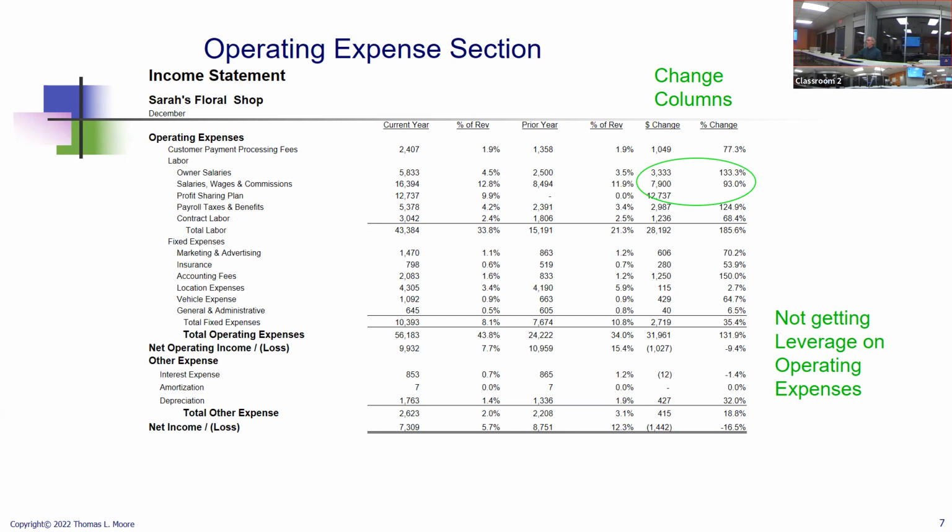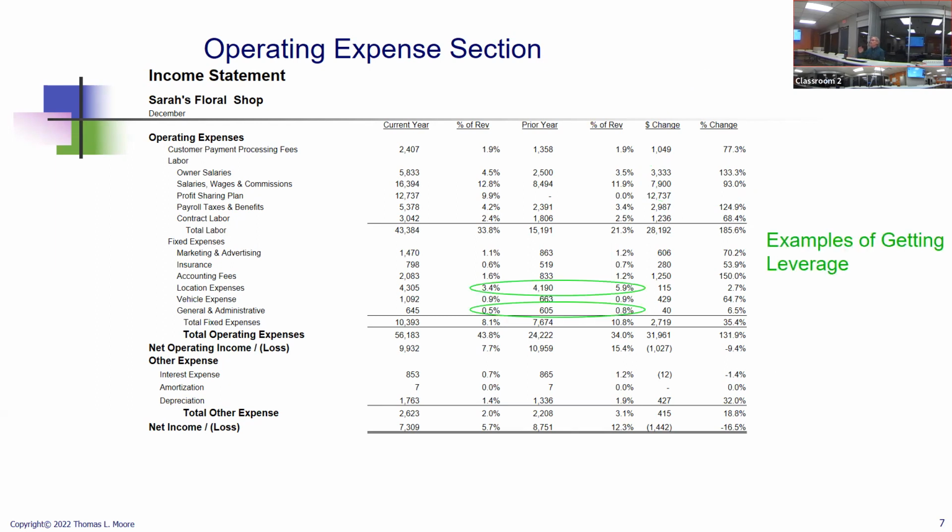So let's take a look at where Sarah is getting leverage from her business. Well, you can see here, for example, location expenses. Location expenses in the prior period were $4,190, or 5.9%.